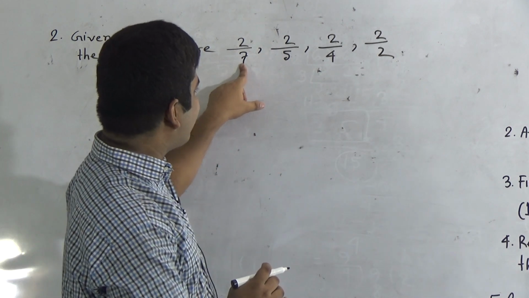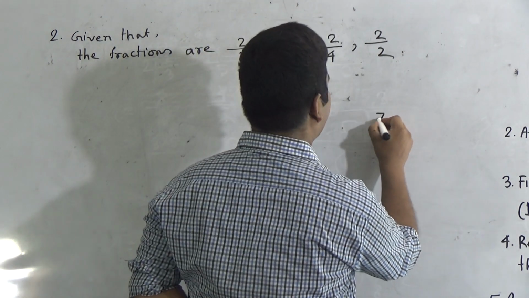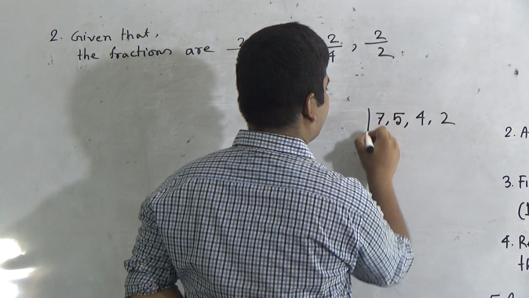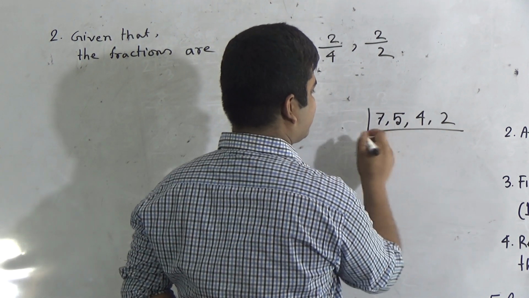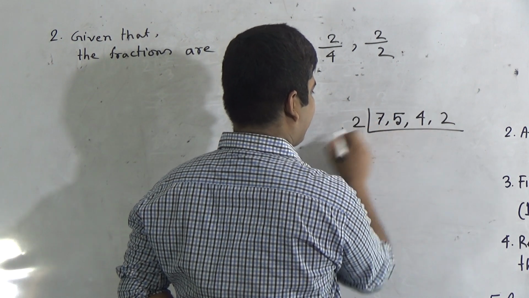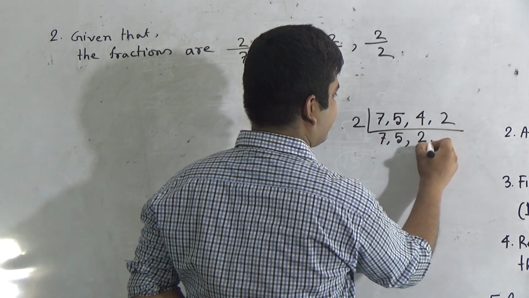Here you notice 7, 5, 4 and 2. So this 4 and 2 are divided by the prime number 2. So here 7, here 5, here 2, here 1.